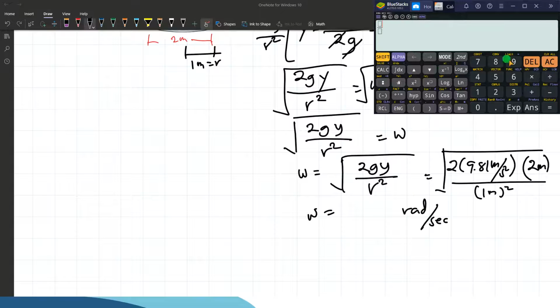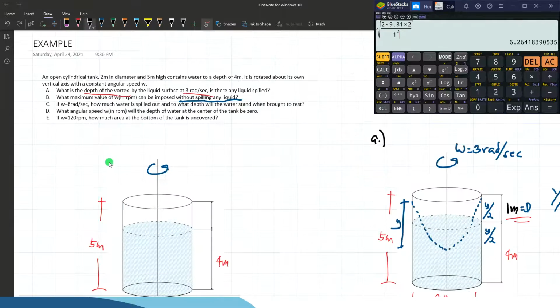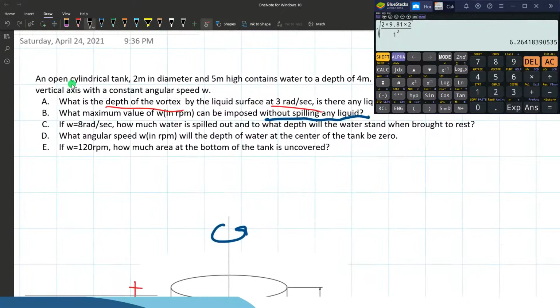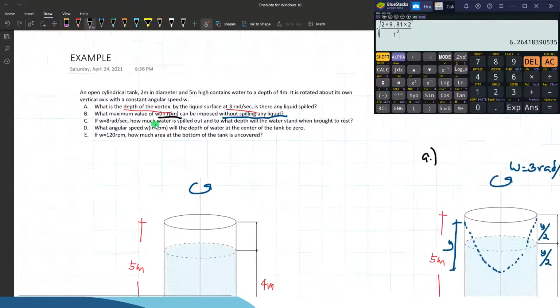Square root of 2 times 9.81 multiplied by 2 divided by 1 squared. So W is 6.264 rad per second. But the required answer should be in RPM.